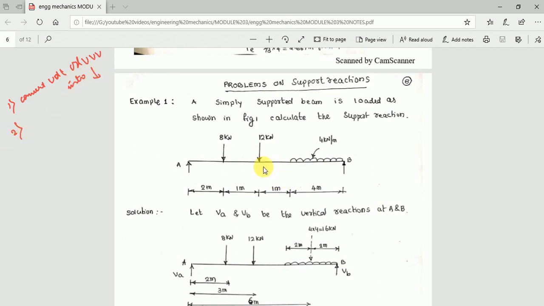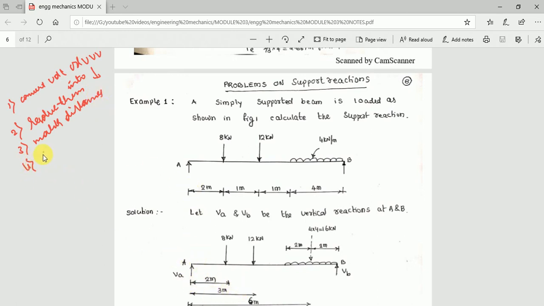Next, since here there is no inclined force; if an inclined force is there, resolve it. Then mark the distances properly from one support.